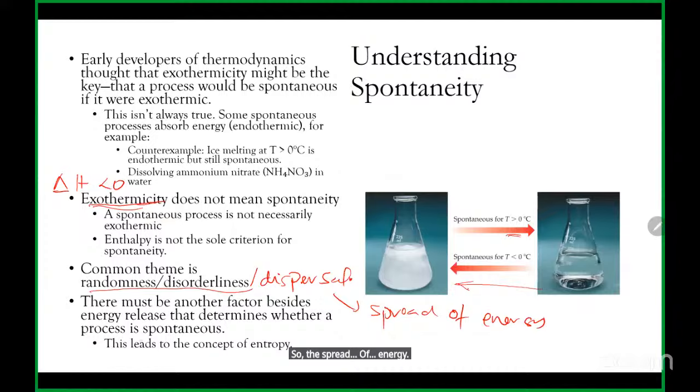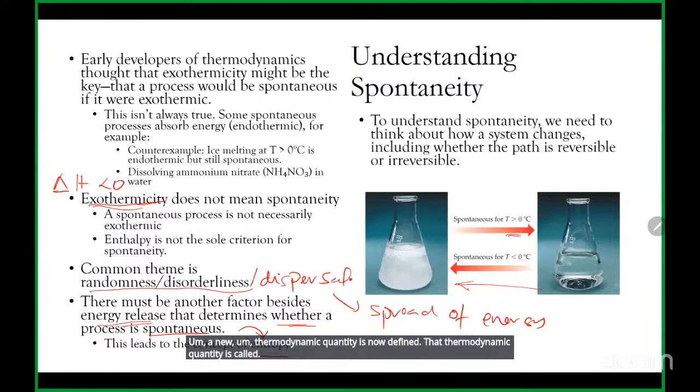So there must be another factor besides heat that helps in energy release or in dispersal that determines whether a process is spontaneous. So now with that, a new thermodynamic quantity is defined. That thermodynamic quantity is called entropy.